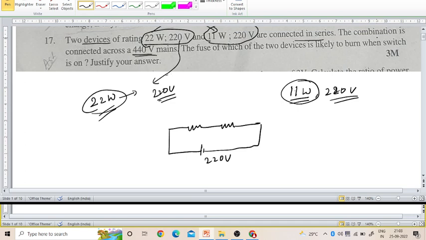So this is a very weird question because 440 volt has been given across them. The question is: the fuse of which of the two devices is likely to burn when the switch is on?